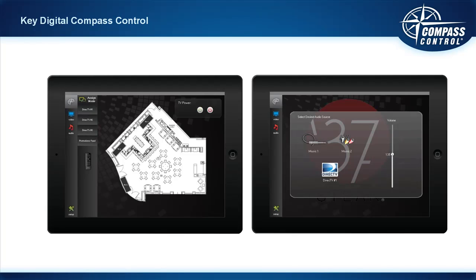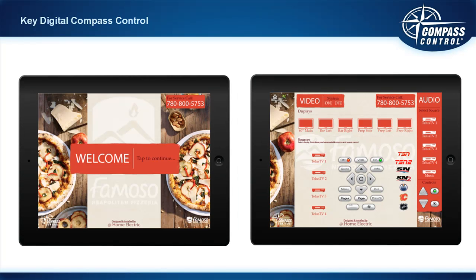Or when you press audio, then that interface just changes over and kind of breaks that seating area into the different audio zones. And here's a really excellent example of it, yet another Compass Control programmer who is just unbelievably gifted at graphic design as well.